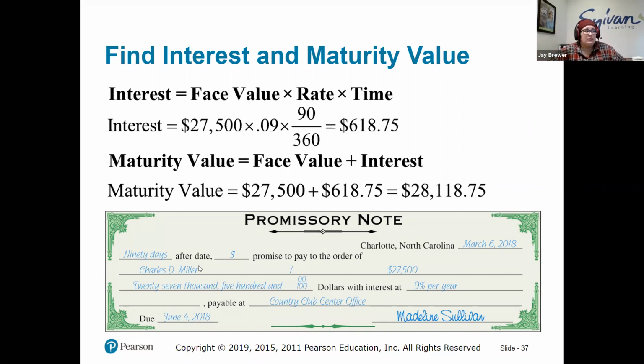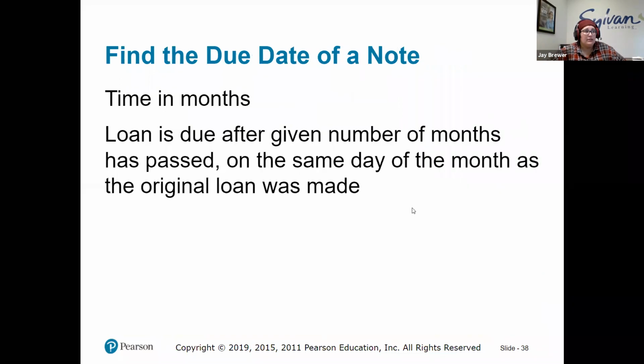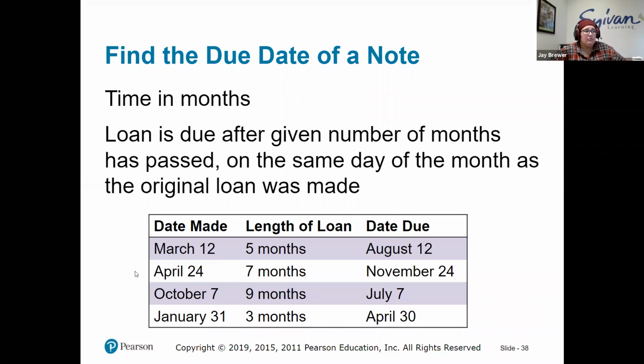So obviously the person receiving it is getting more money because there's an interest rate on it, right? So what is the person paying it getting out of a promissory note? Anybody have an idea?